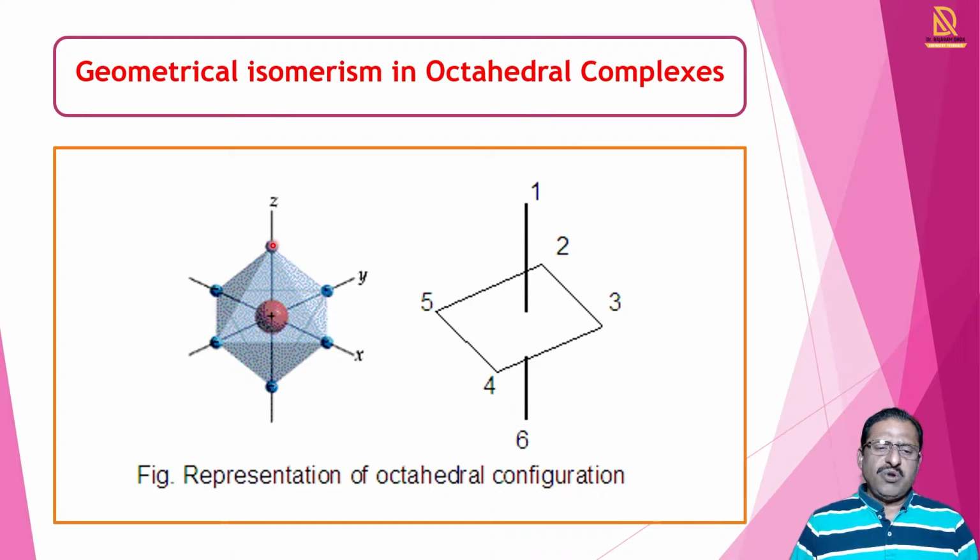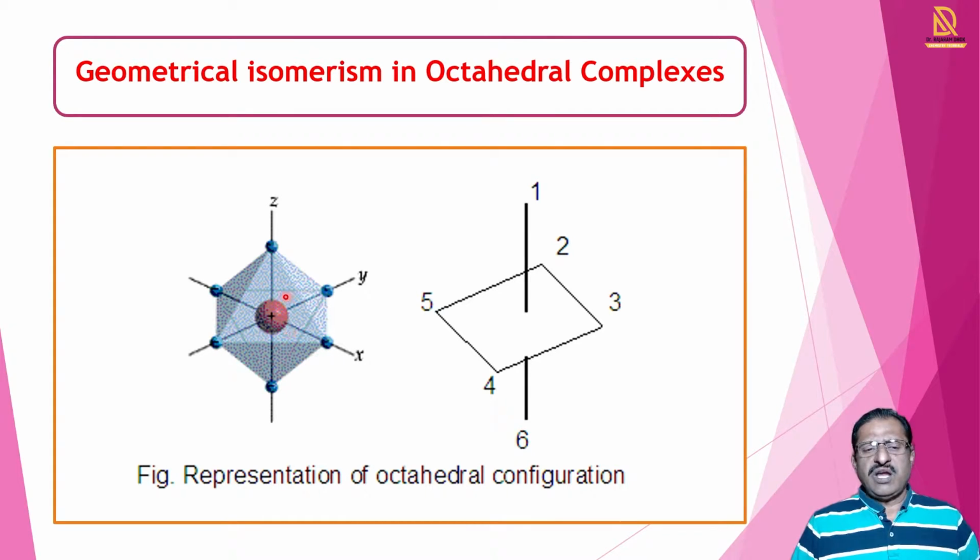If we give number 1 to this, we can give number 2 to this one, then 3, 4, 5. Or we can give number 1 to this and number 2 to this ligand, then 3, 4, 5 and lastly 6.